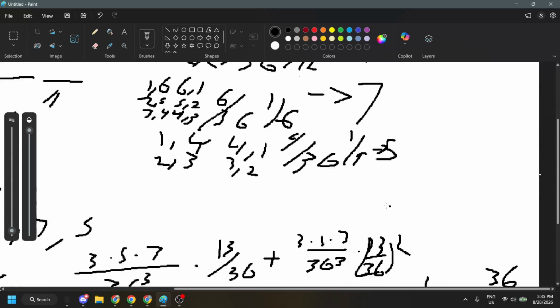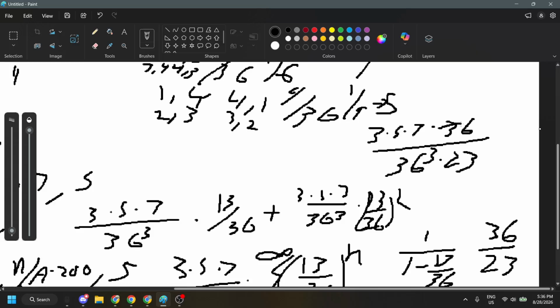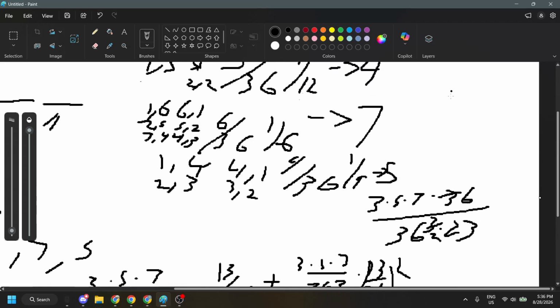Okay, so our answer is going to be 3 times 5 times 7 times 36 over 36 cubed times 23. So we need to cancel out this 36, this goes to 2. So then we have 3 times 5 times 7 over 36 is 3 times 12 times 36 times 23.